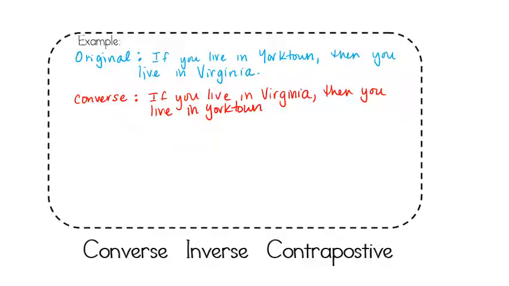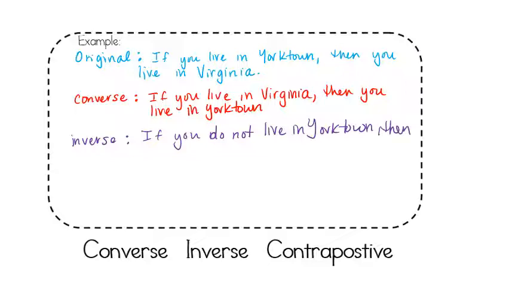All right. Inverse. We're going to negate. If you do not live in Yorktown, then you do not live in Virginia.